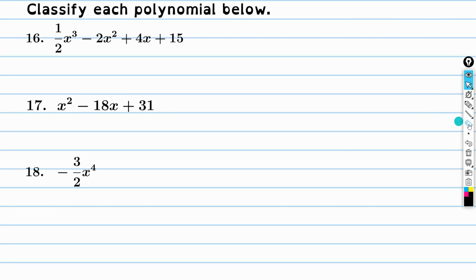So looking at 16, we have 1, 2, 3, 4. 4 terms. My highest power is 3. So that means I have a cubic polynomial.